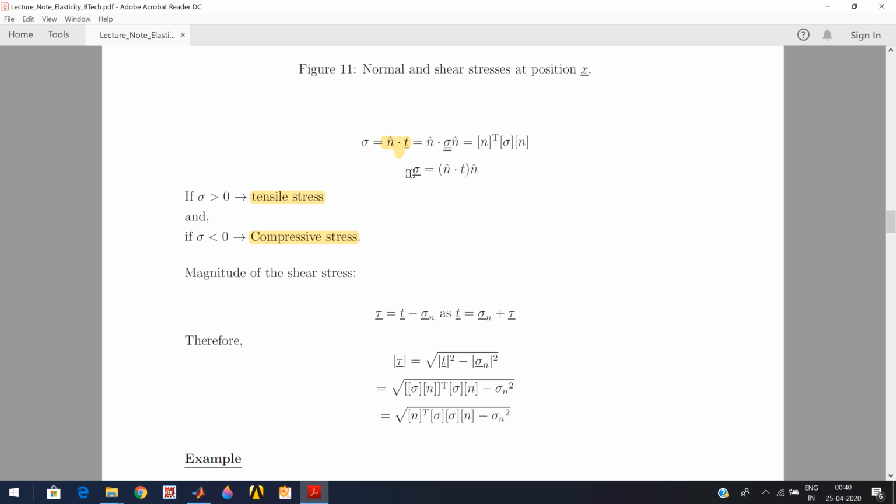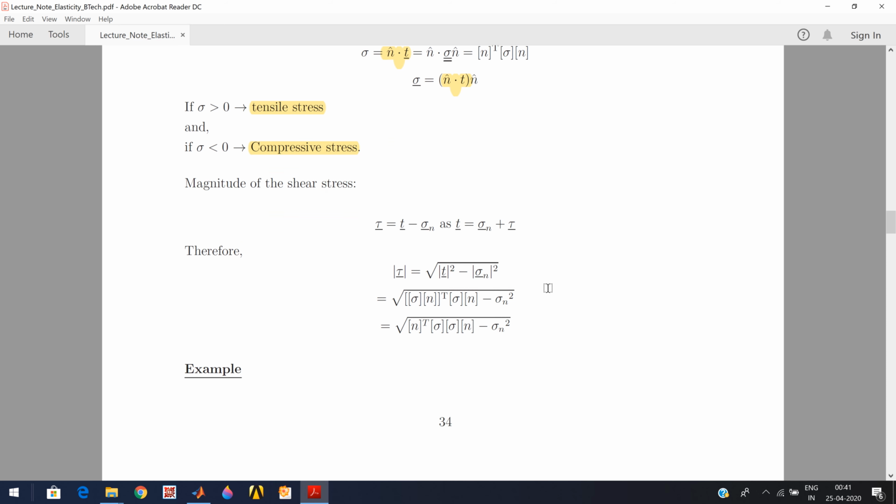And then if I want to find the normal stress vector, that will be the magnitude n dot t along the n vector. And then the shear stress vector is the traction vector minus the normal stress vector, because the traction vector is the sum of these two.